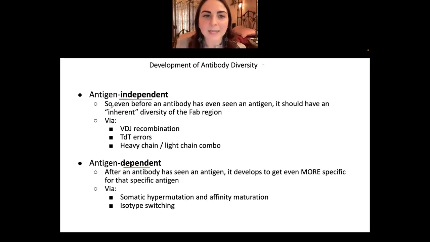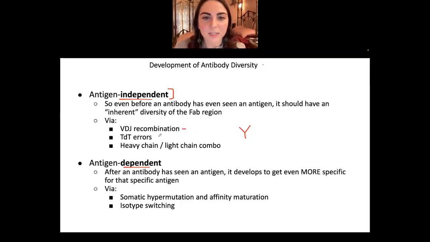Antigen independent means that you're getting diversity before the B cells, before the antibodies even see antigen. So it must be something genetic, happening before the B cell, before the antibody goes out into the peripheral blood, which is exactly what's happening. It's a bunch of genetic things. We're going to dive into it, but it's a lot of generation of the actual antibody, the heavy chain generation, the light chain generation, all this different stuff.